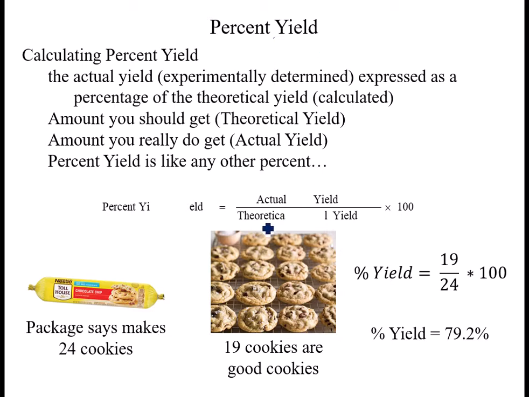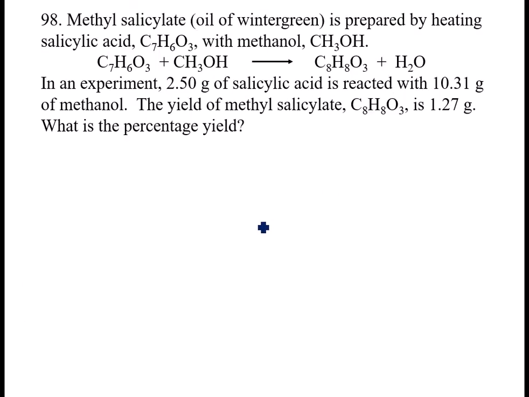Now, I'm cruel because this example, number 98, has both percent yield, but it also has limiting reactants. So how do I know that?